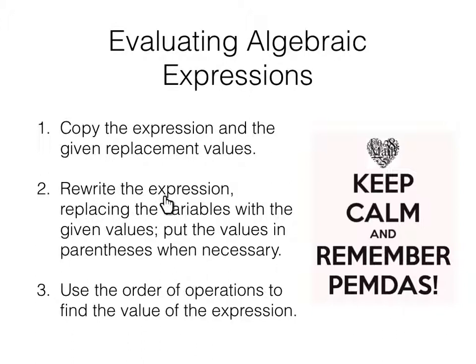Then you're going to rewrite the expression, replacing the variables with the given values that you have. And you're going to put those values in parentheses when it's necessary. And we'll look at several examples so you can start to understand where you have to and where you don't. You're going to use the order of operations then to find the value of the expression. So you will go down all the way to a numerical answer in the end.